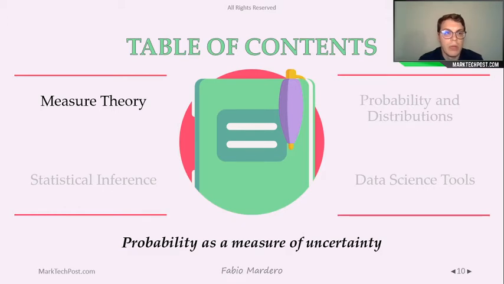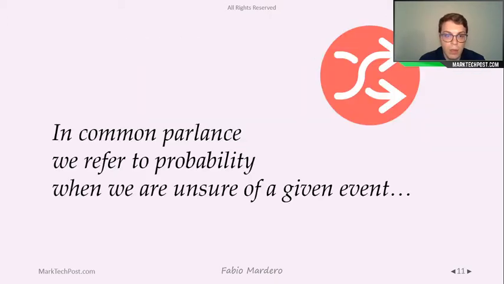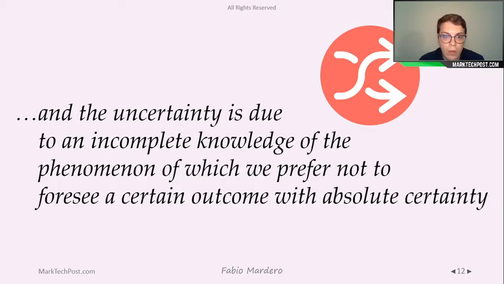Let's talk, first of all, about measure theory. And we will see that probability can be seen as a measure of uncertainty. But let's deep dive on the concept of probability. In common parlance, we refer to probability when we are unsure about a given event.